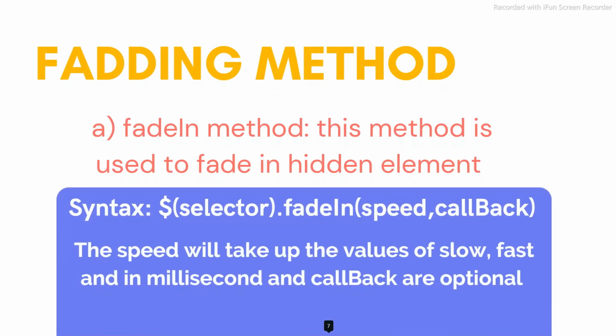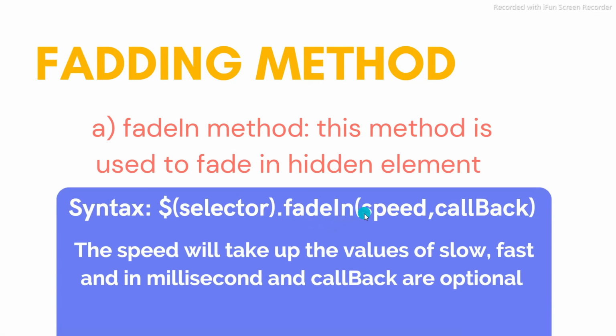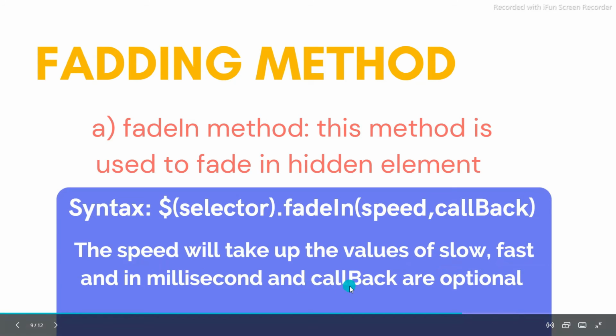And next we have the fading method. In the fading method, it is going to fade a hidden element. It is going to show you the hidden element slowly. Here we have dollar, the selector, the fade in, the speed, and the callback. This is the syntax of a fading method. Here the speed will take the values slow, fast, or milliseconds.